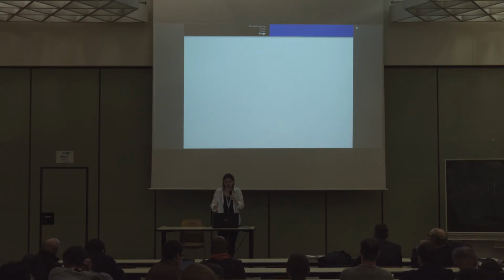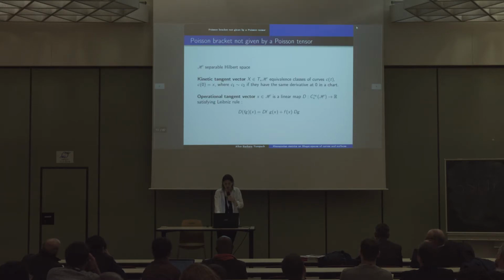I have the reference at the end of the slides, so you can see it afterwards. But most of it was already in the book of Kriegl and Michor, so we didn't add very much, but anyway, it took 20 years.